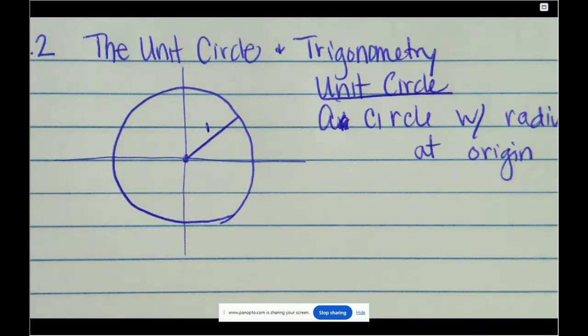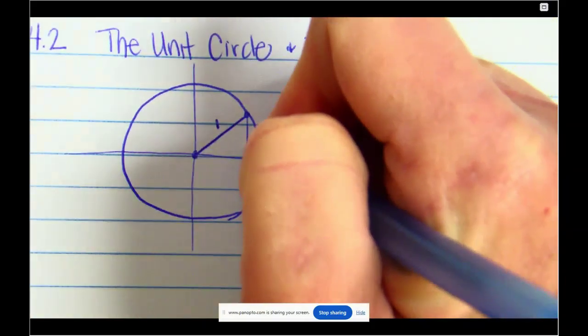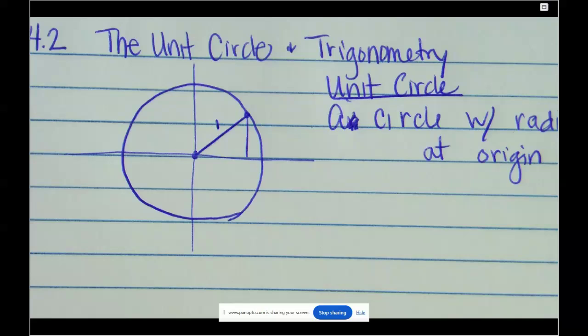The unit circle has a radius of 1 and its center at the origin.